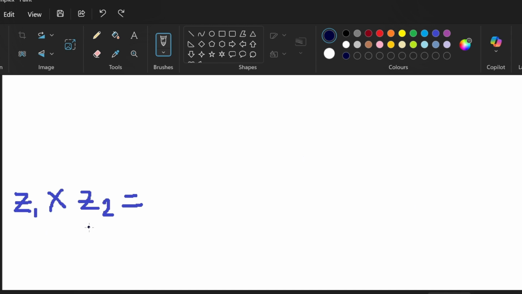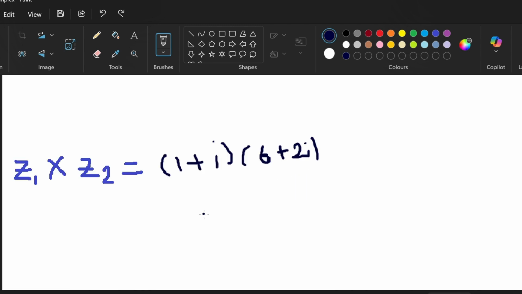Multiplication for complex numbers works the same as in regular algebra, but there is one thing that I need to look out for, and I'll show you here in the example. So z1 I said was 1 plus i, and z2 was 6 plus 2i. And to expand these brackets, I use the distributive law, so it's the first term of this bracket times the first term of this bracket, plus the first term of this bracket times the second term of this bracket, and then the second term of this bracket times the first term of this bracket, plus the second term of this bracket times the second term of this bracket.